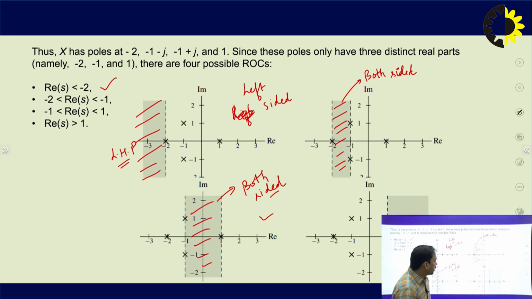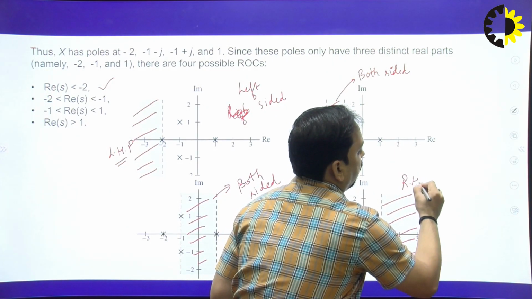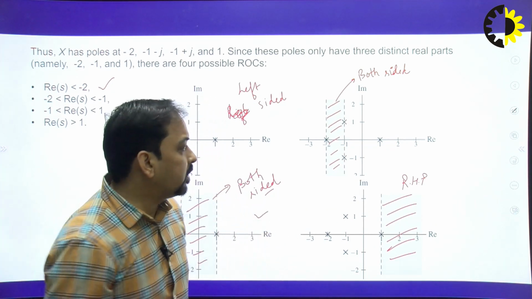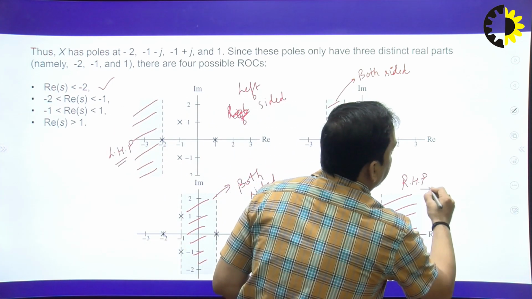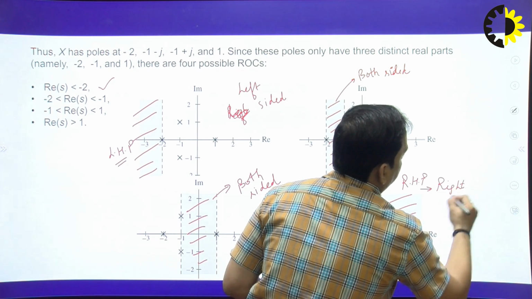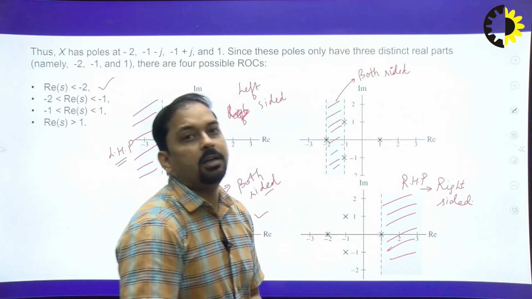The last case, when the real part of s is greater than 1, so this ROC is lying in the right half plane and it is to the right of the rightmost pole, which signifies that the signal is a right sided signal.